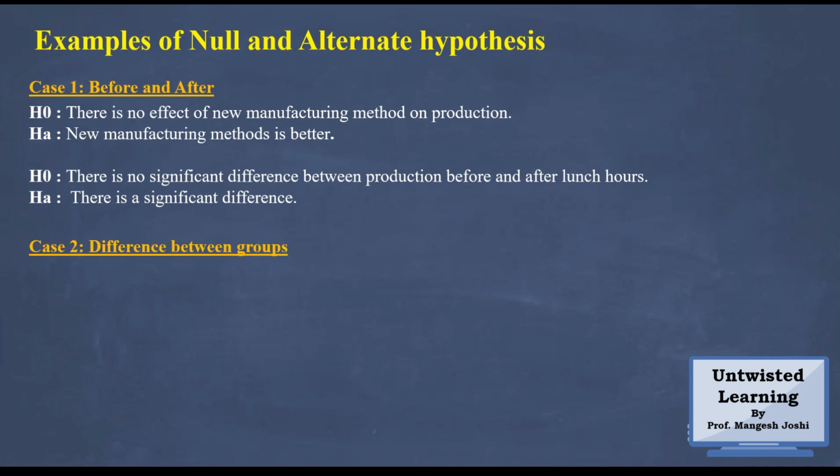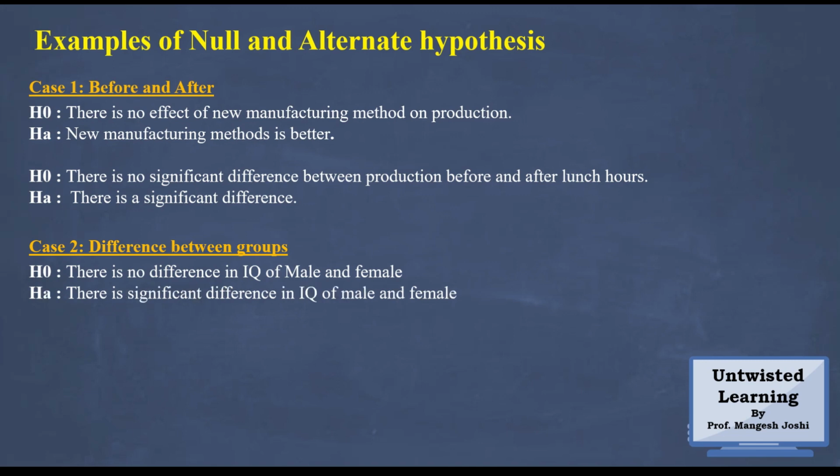Then there may be the cases relating to difference between groups. So the null hypothesis can be stated like there is no difference in IQ of male and female. An alternate hypothesis would be there is a significant difference in IQ of male and female.